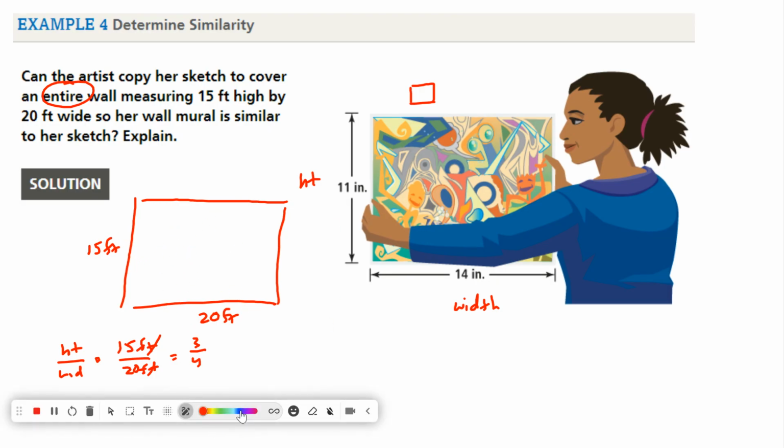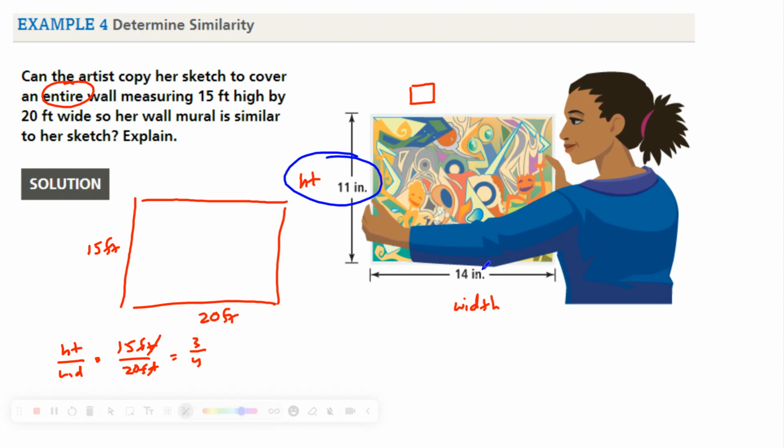Now, let's apply this same thing to the height and width of the painting and see what we get. Let's go height over width. That would be 11 inches over 14 inches. So the inches would cancel. Unfortunately, 11 and 14 are not divisible by the same number.